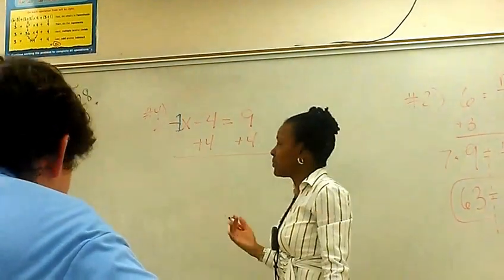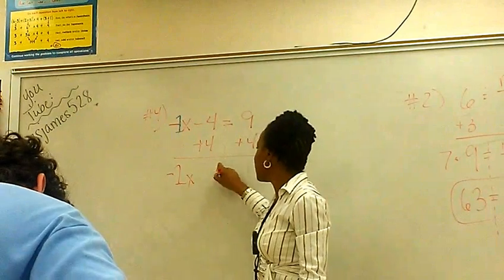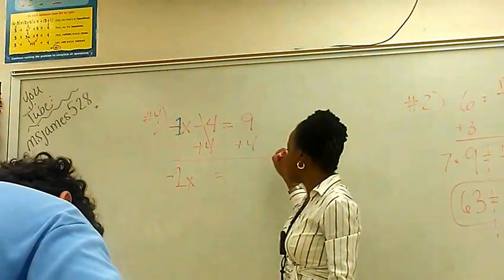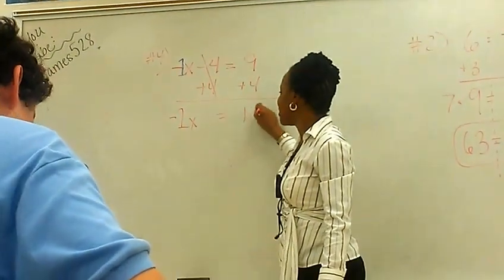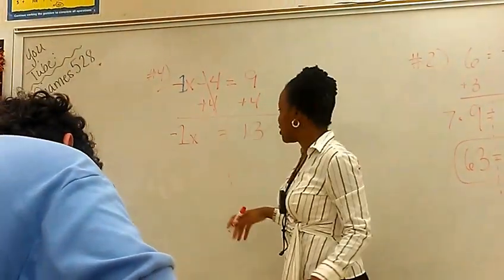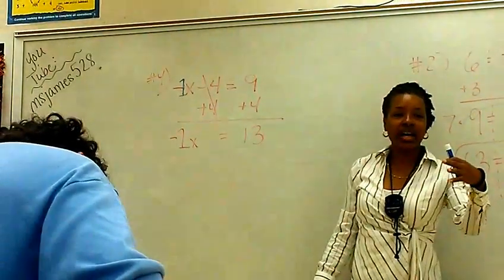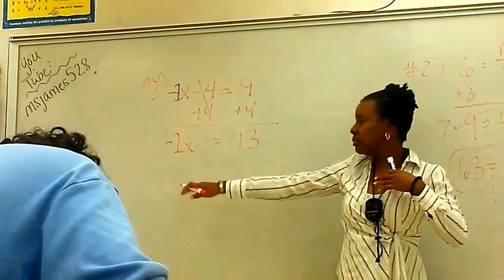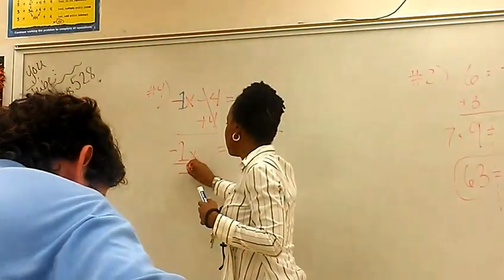Always do last first. So bring down that negative 1x. This cancels. 9 plus 4? 13. Negative 1x equals 13. Now you're going to divide, right? Because they multiplied. So what are you dividing by? Negative 1.